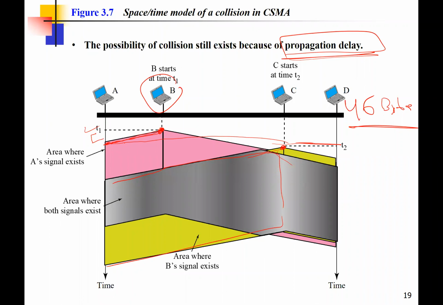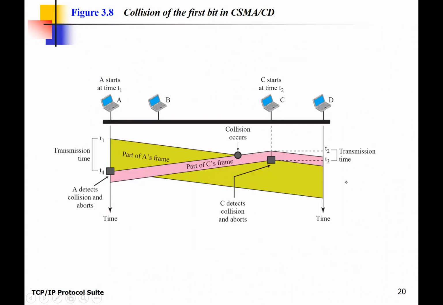Terminate and discard all the data. Terminate because they have a collision, correct? Now, what's the point here? What do we have to use to improve that? We have to use the collision detection. All right. So now you're trying to send data. A is trying to send data, correct?